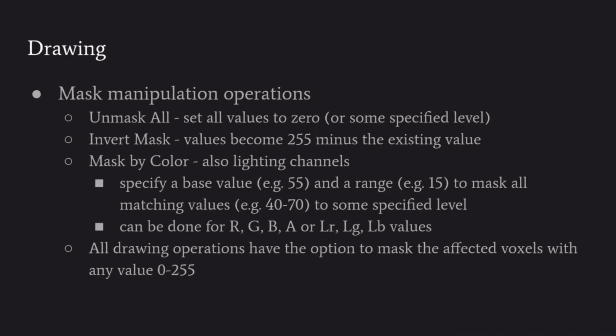Mask by color looks at the values in each of the channels and can be used to mask certain ranges. This is interesting when you have diffused color with a blur and you establish a threshold based on this. So it's something interesting you can do, and I'll get into that a little bit more later.